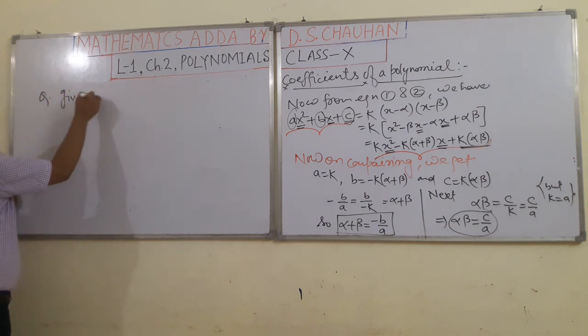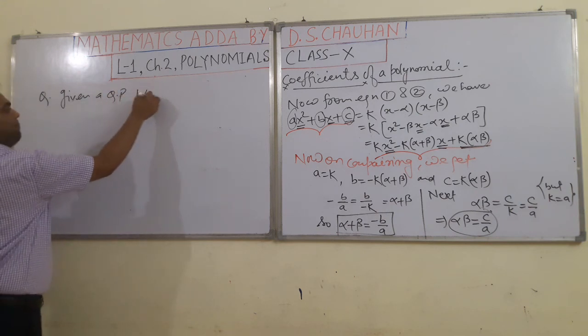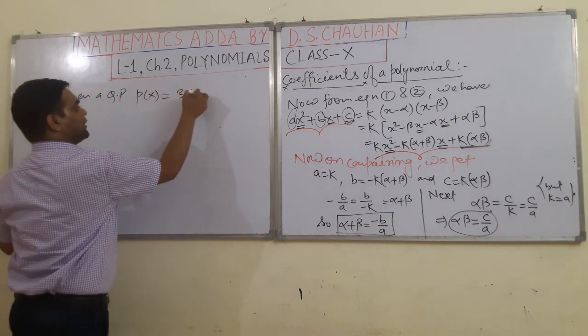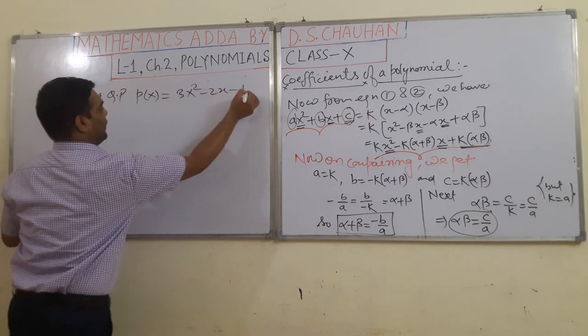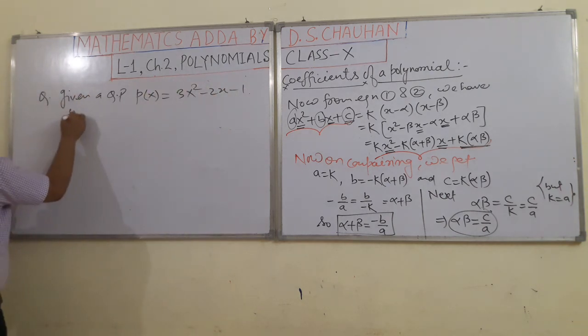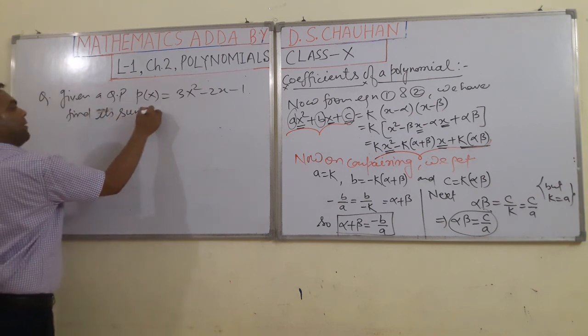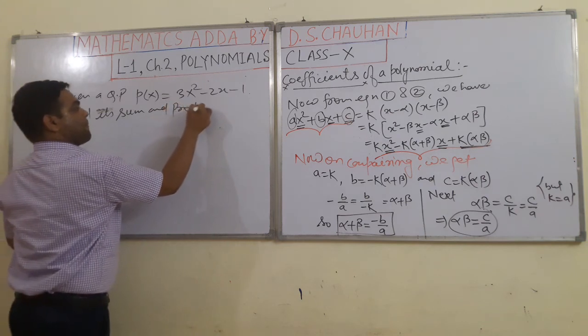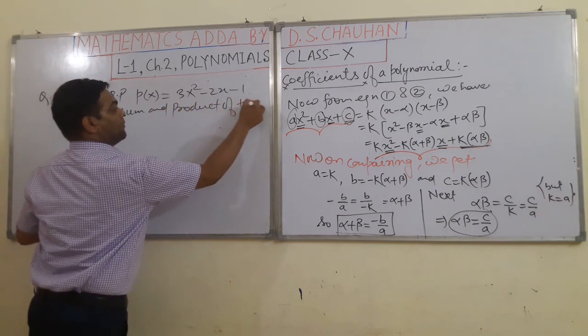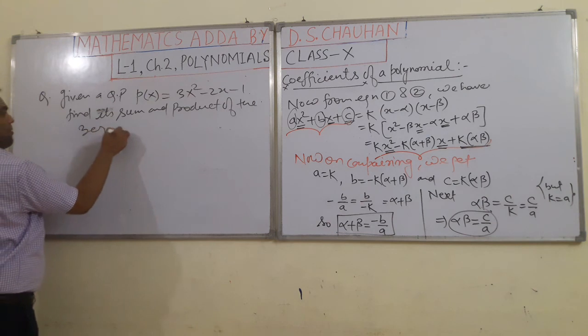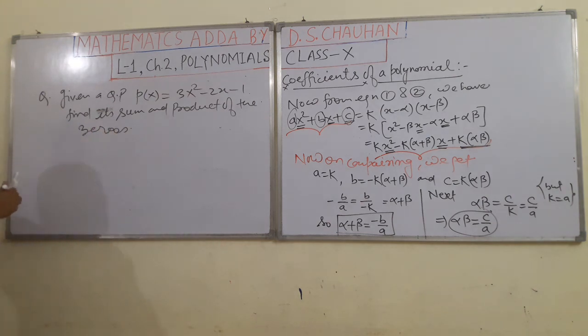Given a quadratic polynomial p(x) equal to 3x square minus 2x minus 1, find its sum and product of the zeros. How can you proceed? See, here no symbols are present, so you will proceed in this way. Solution. Try to understand.